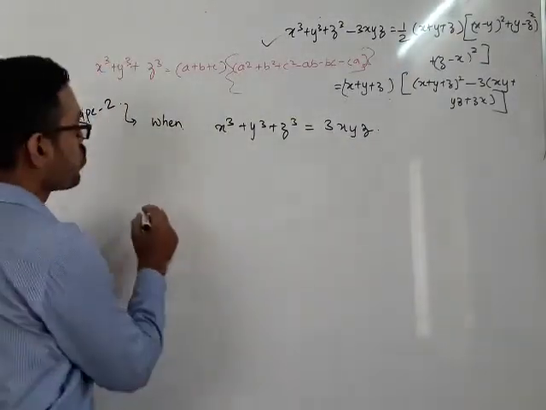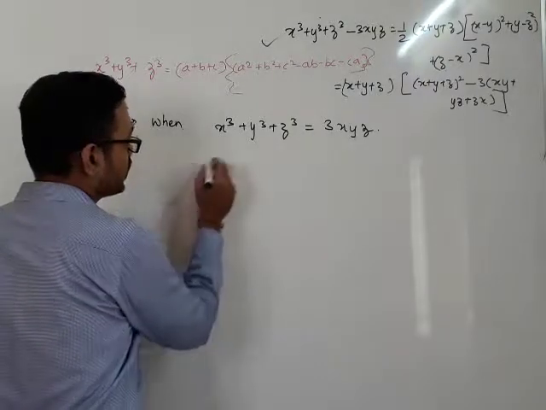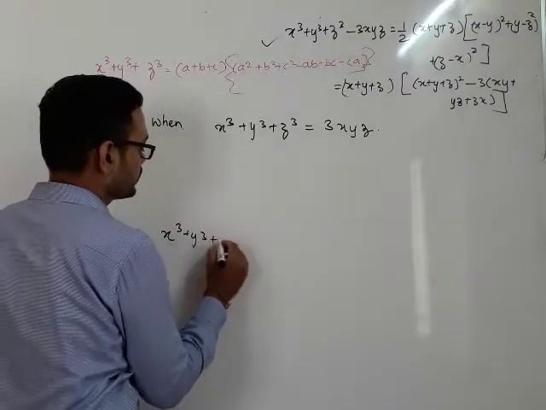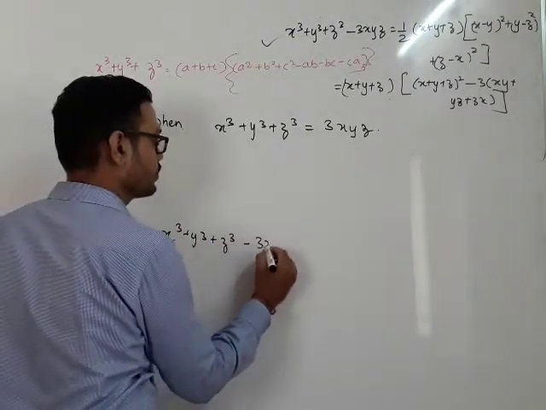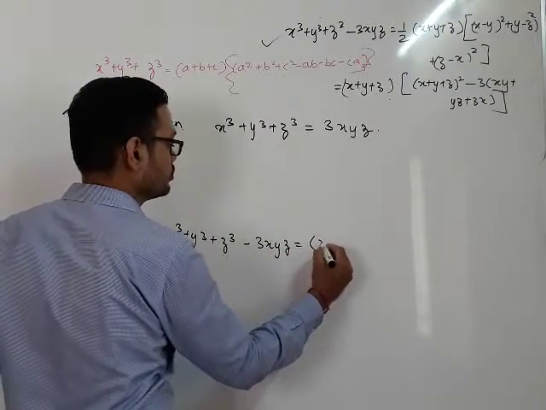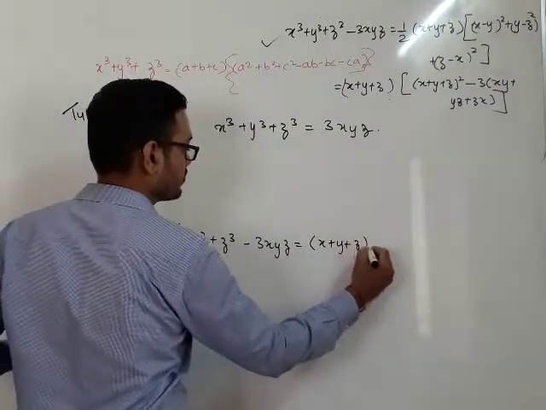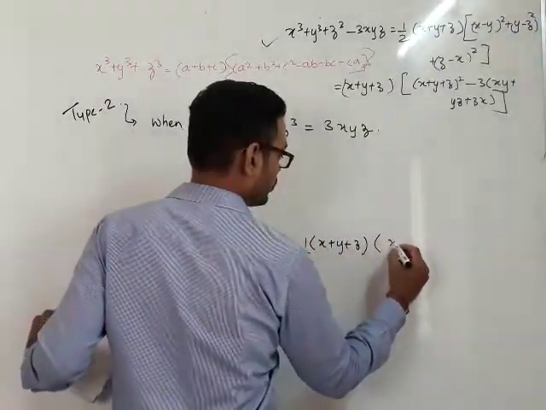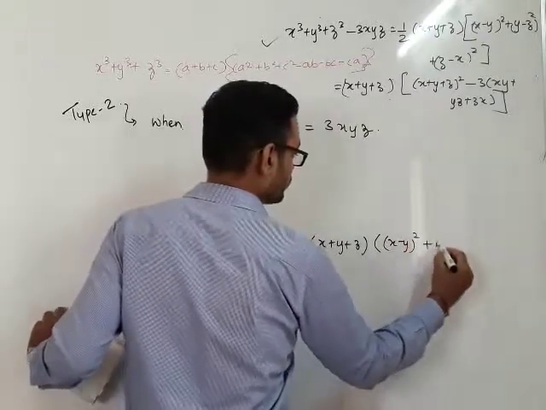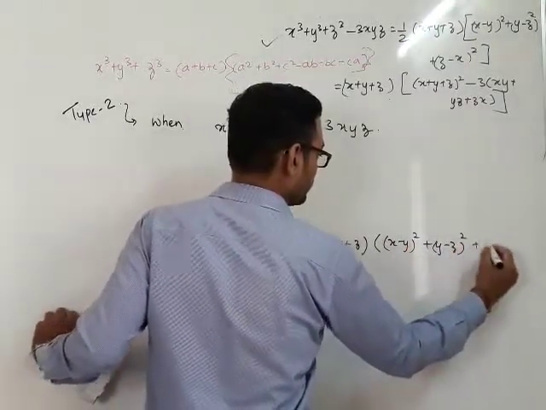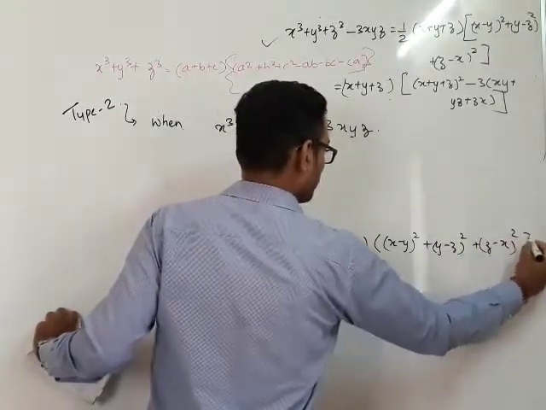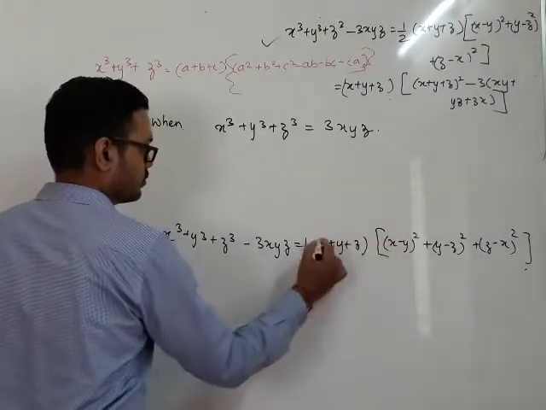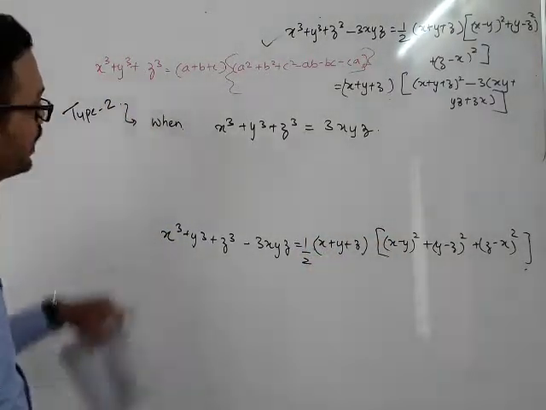We already know that x cube plus y cube plus z cube minus 3xyz is equal to x plus y plus z into x minus y, plus y minus z, plus z minus x, each whole squared. So this formula we already know, and we are given this.